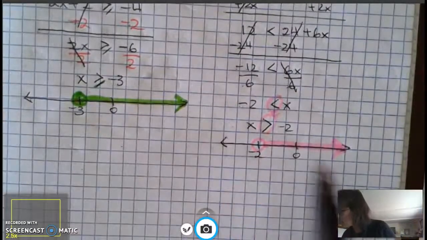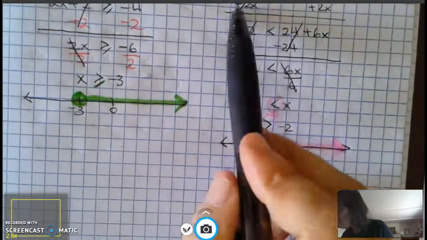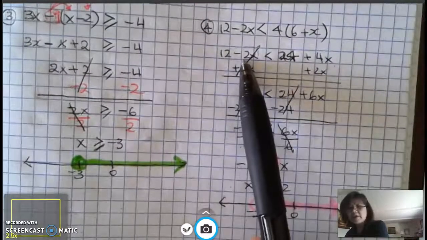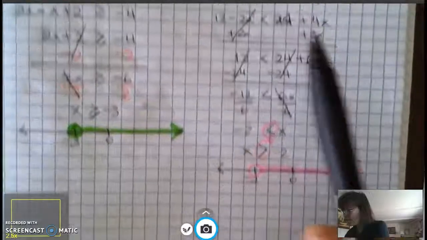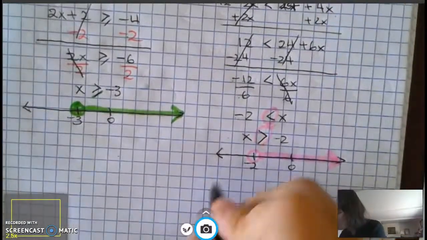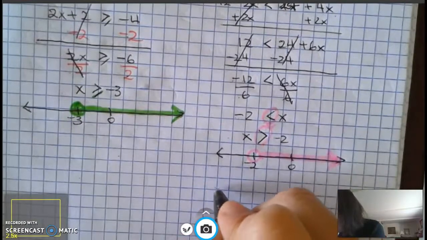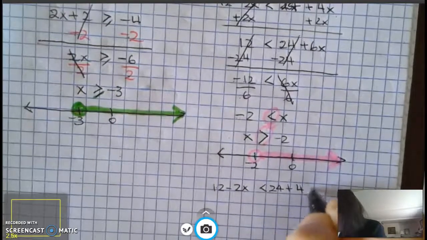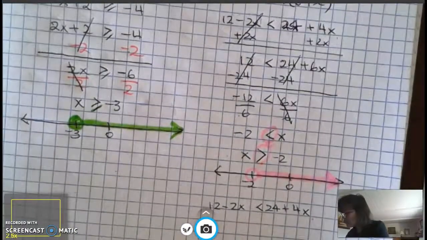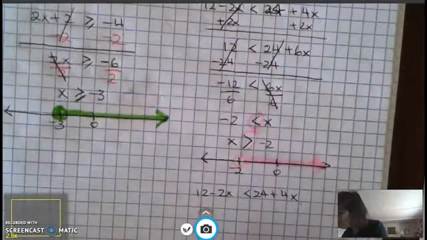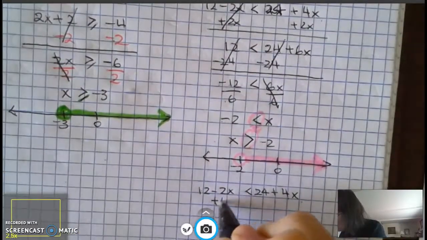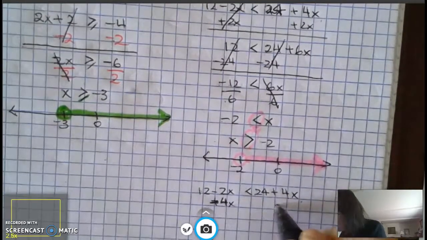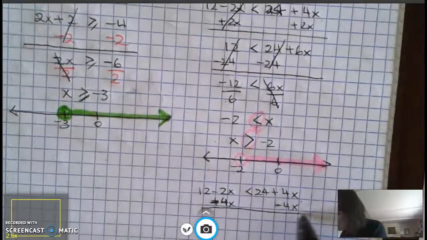Okay, as I promised before, I want to see what would happen if, instead of getting rid of negative 2x, we got rid of 4x. So I am just going to rewrite that problem again and see if we get the same thing. So 12 minus 2x is less than 24 plus 4x. Now I am going to get rid of this 4x, so I subtract 4x from both sides.